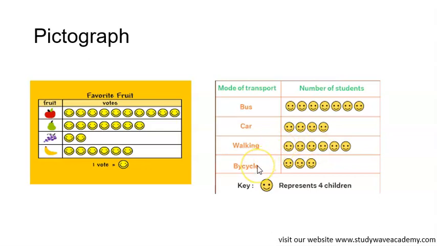And how many children use bicycle? 4, 8, 12. So 12 children use bicycle. Okay, so you have represented the data which you collected in a pictograph form.